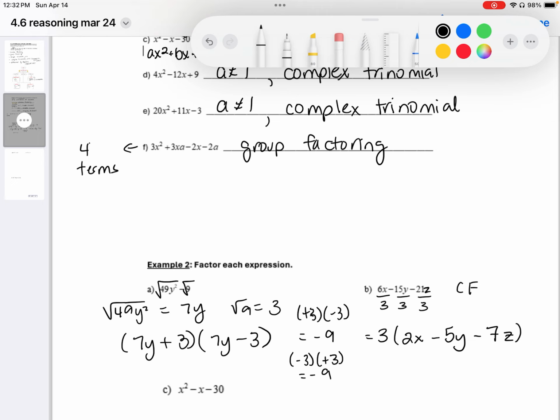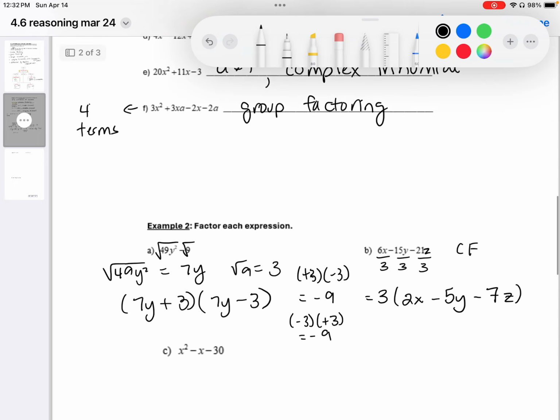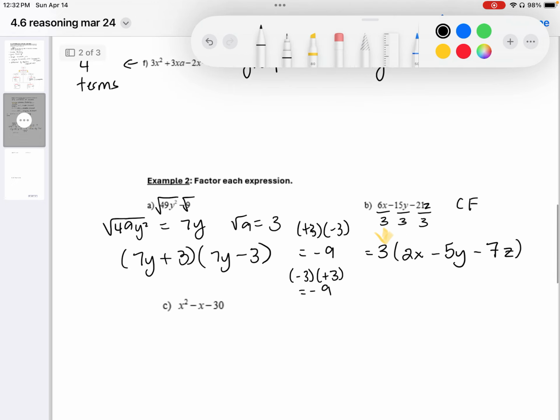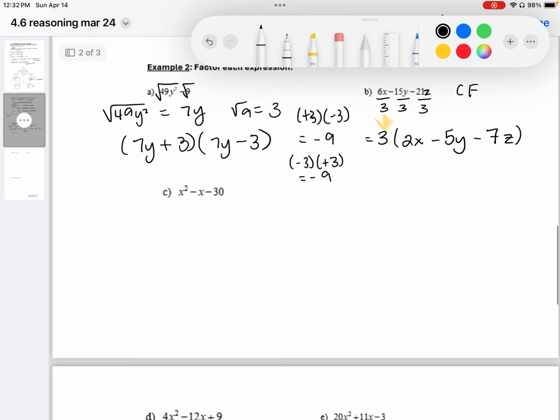And so when you do this type of factoring, when you divide by the 3, that's what goes out front. That is the common factor. And just take a look at what we have left over, this trinomial here. 2x, negative 5y, and negative 7z cannot be divisible by any letter or number further.